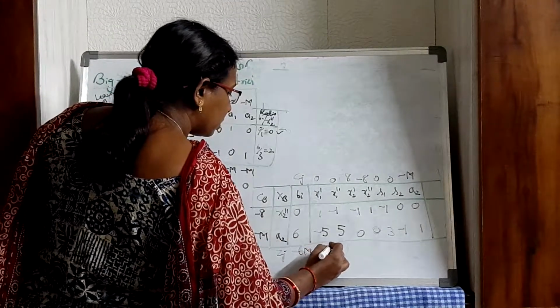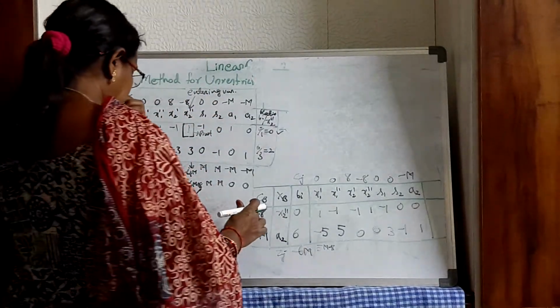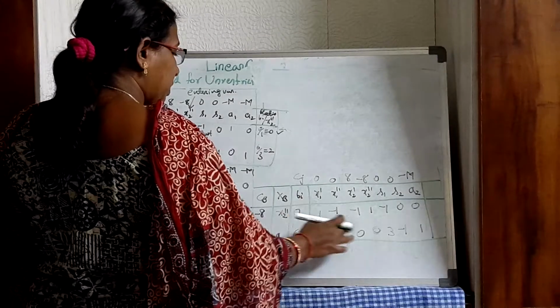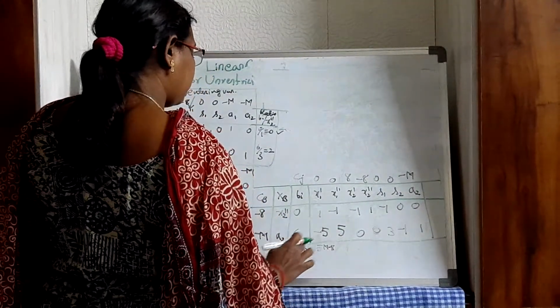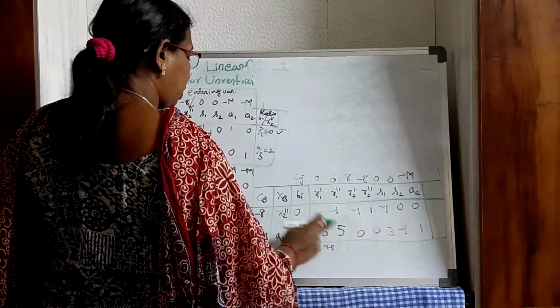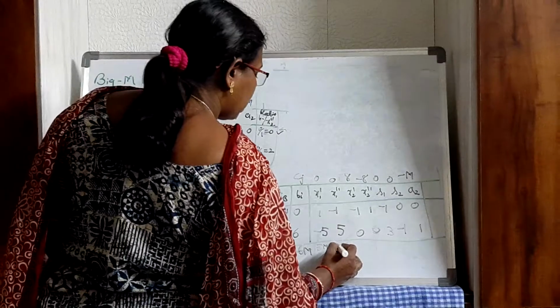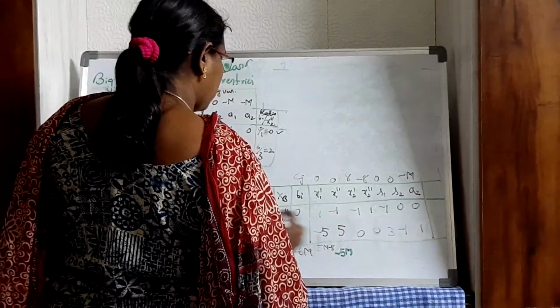Similarly, minus 8 into minus 1 plus minus m into 5. So this will be minus 5m plus 8.